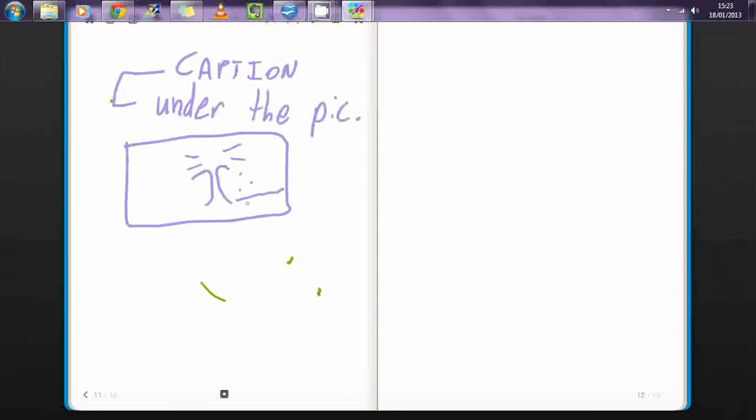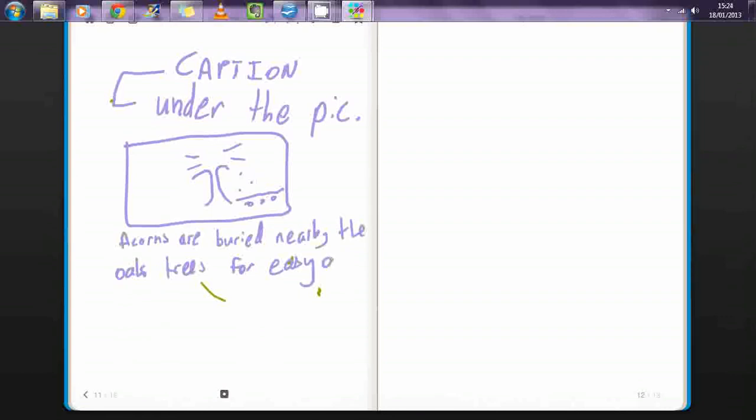And then you have acorns buried in mounds. Okay. And then you would have buried nearby the oak trees for easy access. So that means the squirrels can easily find them.